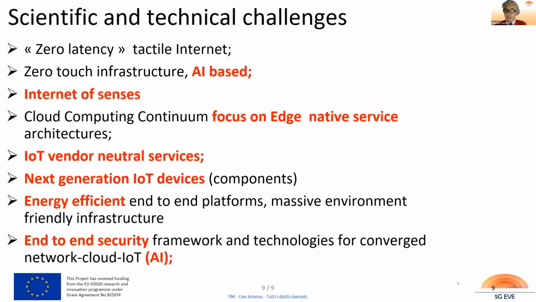You cannot present something that is already on the market. So we'll go a lot towards zero latency internet, tactile internet, and a lot of artificial intelligence should be shown, because, as you know, it is one of the main drivers of the future. Internet of senses: how to extend your senses on the internet.